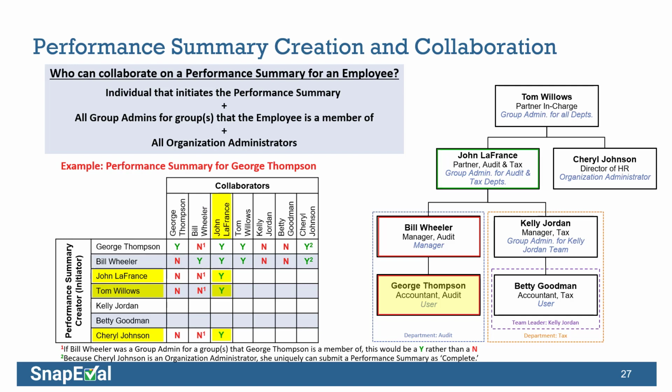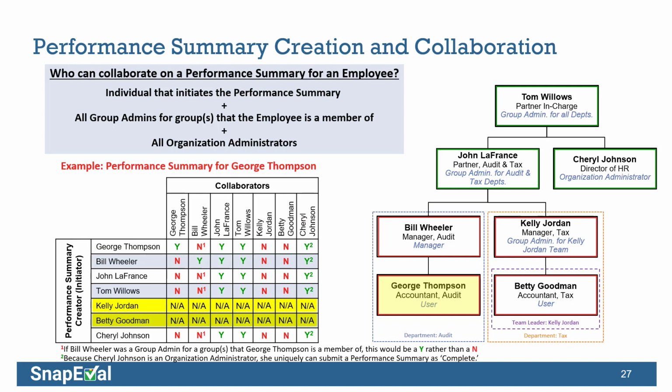But if John LaFrance starts the process, or Tom Willows starts the process, or Cheryl Johnson starts the process, all three of them are allowed to collaborate because John and Tom are both group administrators for a group that George is a member of, and Cheryl Johnson is an organization administrator. So you can see where we have Ys for John LaFrance, Tom Willows and Cheryl Johnson in these columns. And of course, Kelly Jordan and Betty Goodman cannot participate for the same reasons we've already talked about. And of course, Cheryl Johnson can participate.